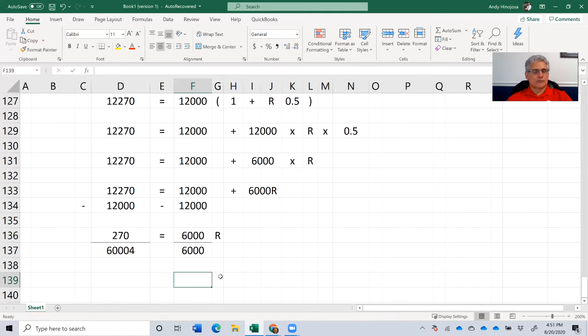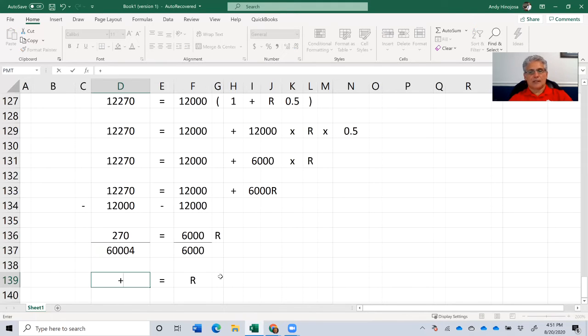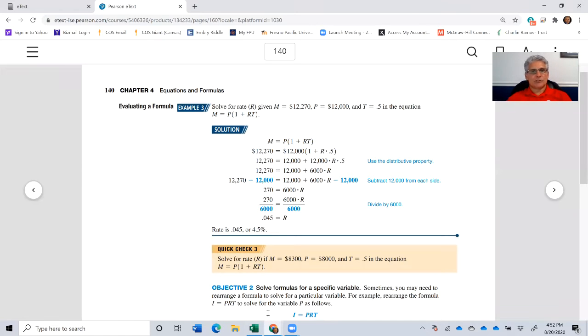So these will cancel out. We're left with R on the right side. And on the left side, we have 270 divided by 6,000, which gives us 0.045, which is equivalent to 4.5%.